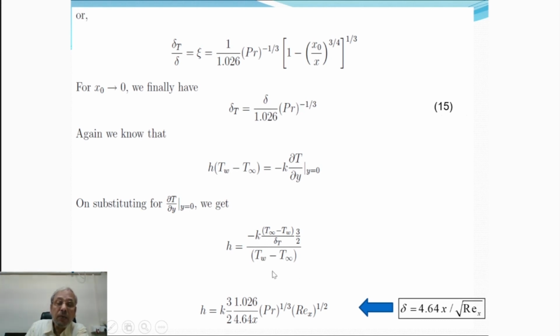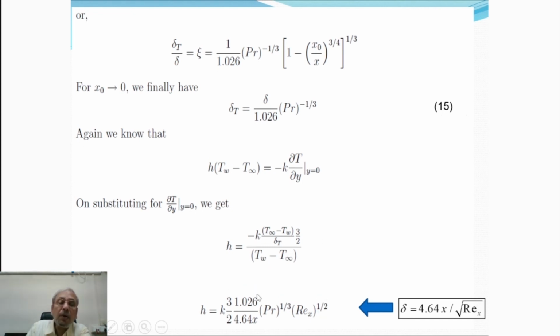So delta goes to the denominator, Prandtl number to the power minus 1/3 then becomes Prandtl number to the power 1/3, and delta further gets substituted by 4.64x into Reynolds number to the power half.